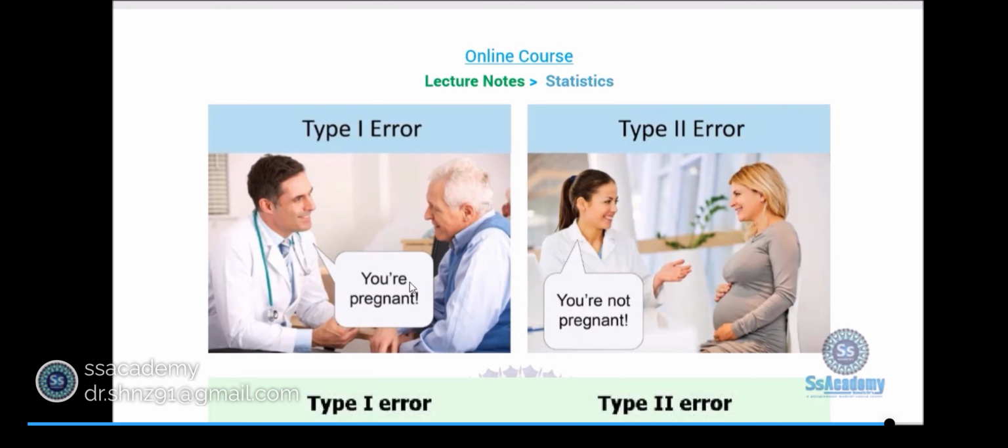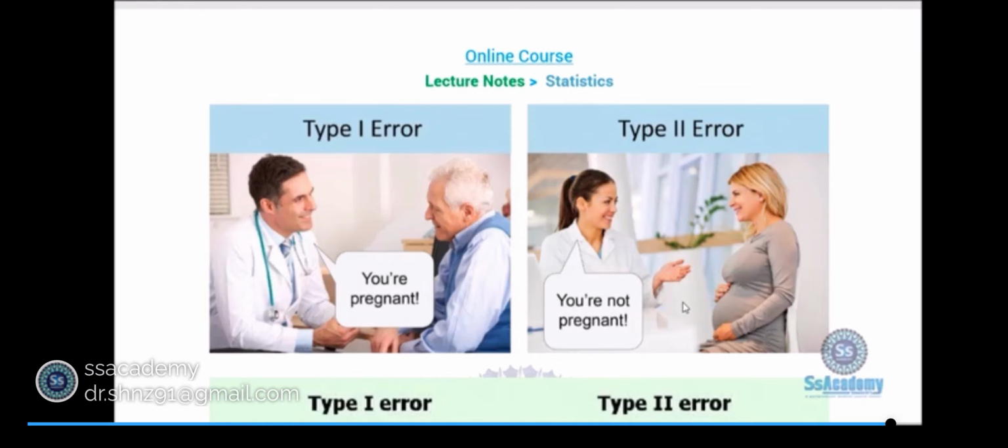The type 1 error is the doctor saying to a male person, you are pregnant, after doing a test. In contrast, the type 2 error is when she is pregnant, but the doctor says you are not pregnant. So a type 1 error is a false positive test. In contrast, a type 2 error is a false negative test.